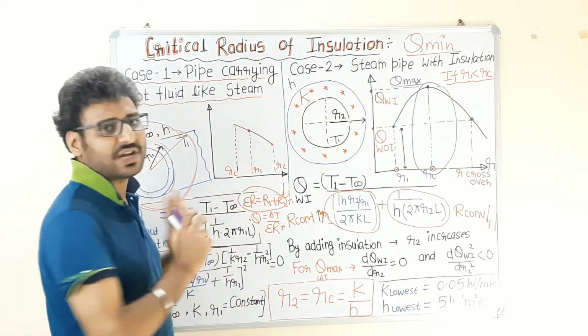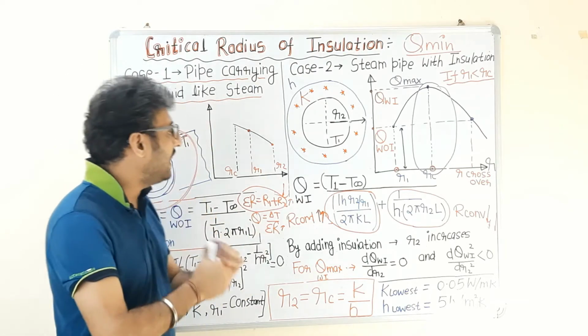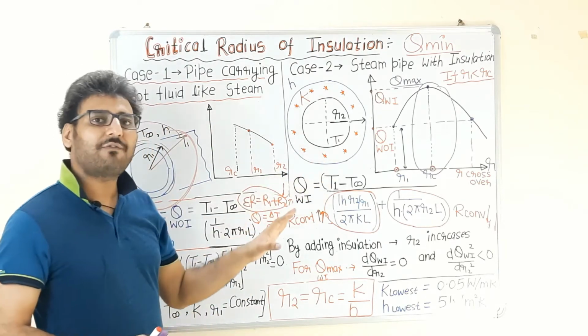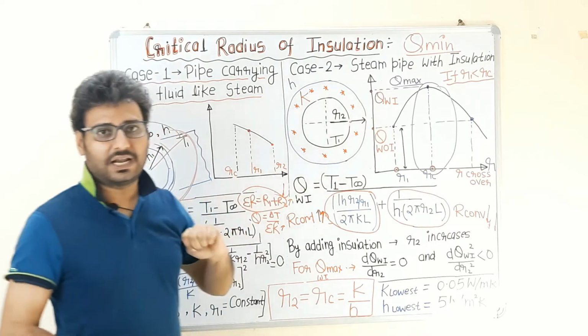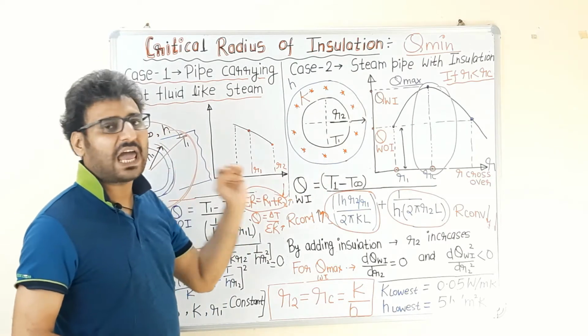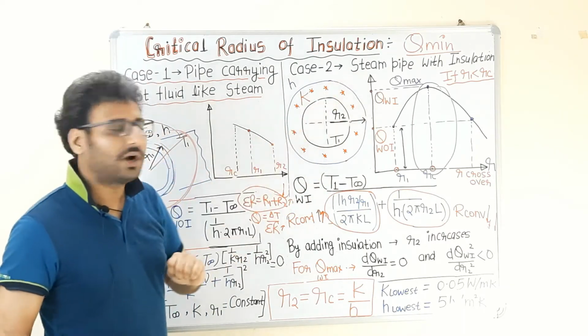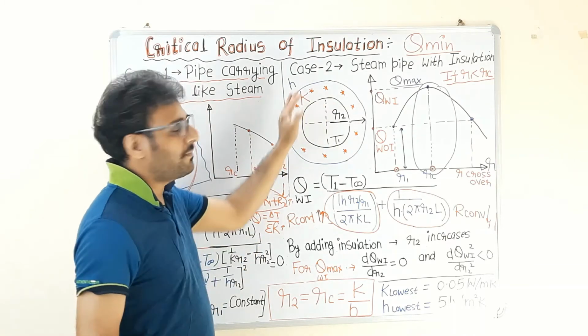While doing all this exercise, we have also selected our insulating material. Suppose I have selected asbestos for insulating this steam pipe.